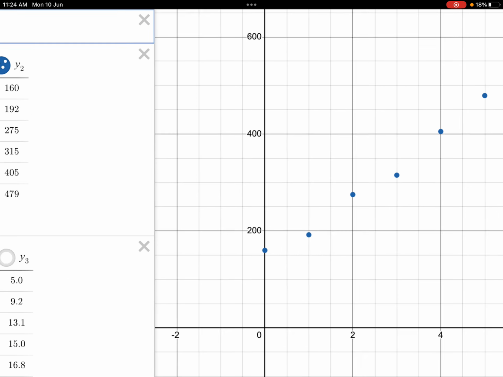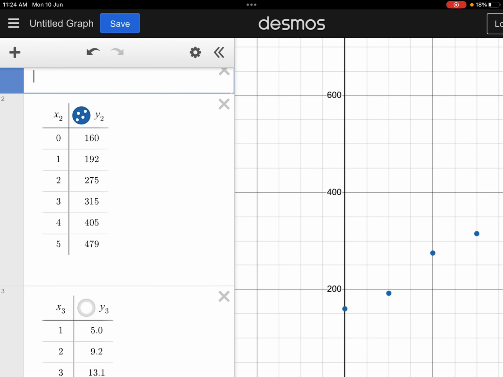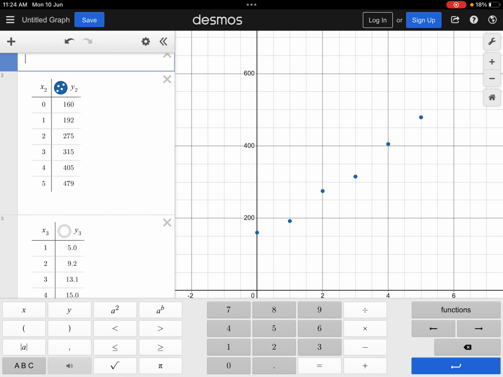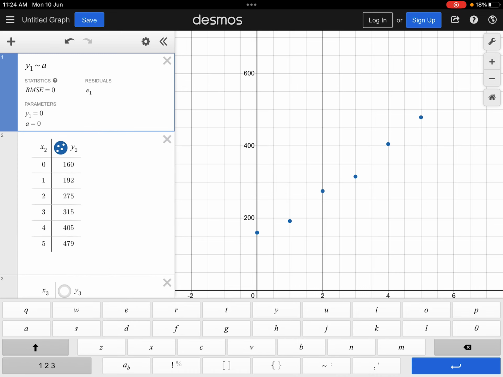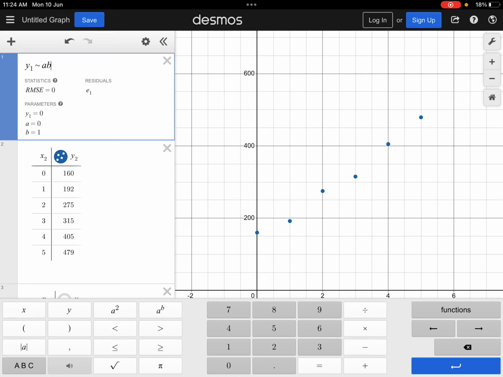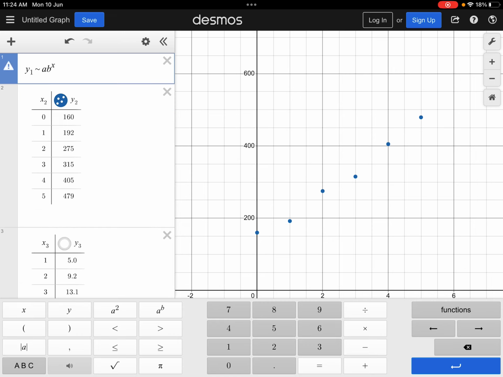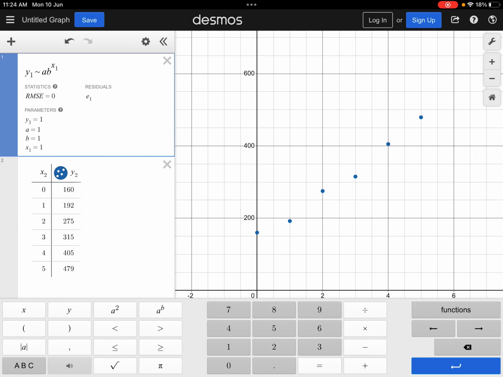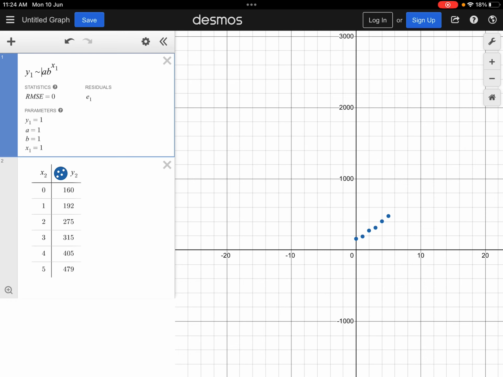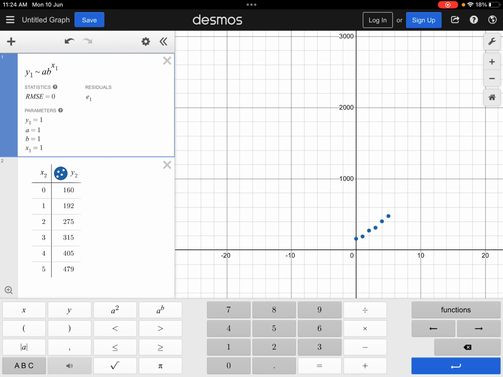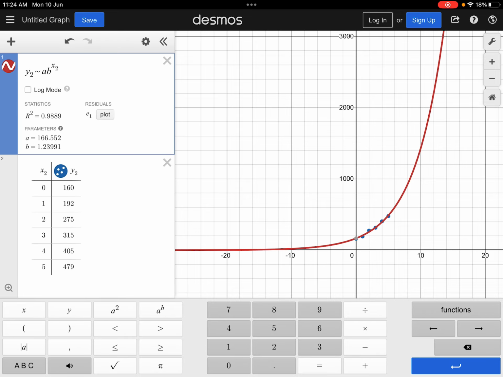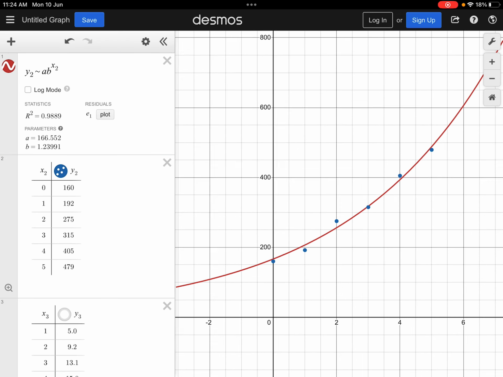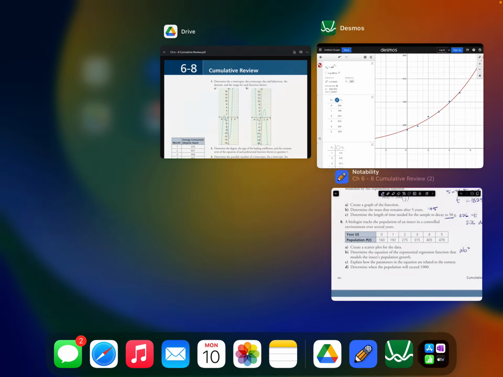So here, y2 tilde a b power of x2. Oh, sorry, it's 2, not 1. I was wondering why there was nothing popping up. Okay, there we go, sweet. And that fits it pretty nicely, so it's pretty obvious it's correct.